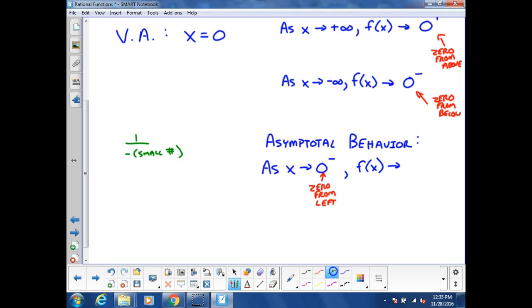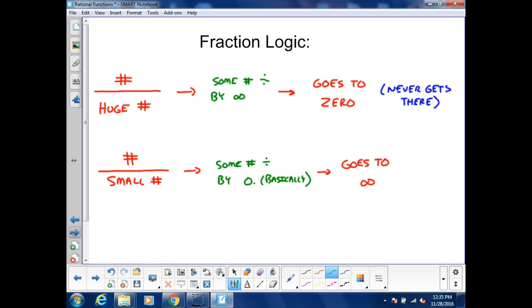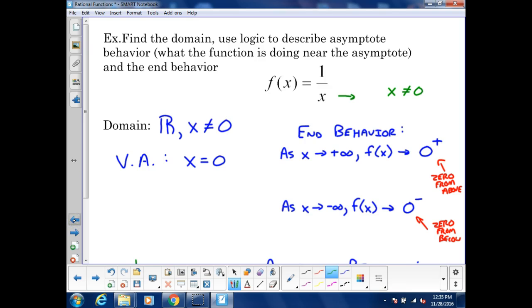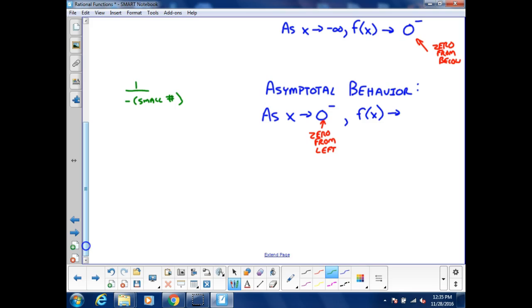What's the answer? Using my fraction logic, as x gets closer and closer to 0 from the left, so where's my function going? Negative infinity? Yes?